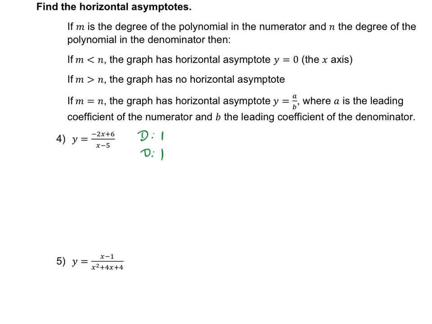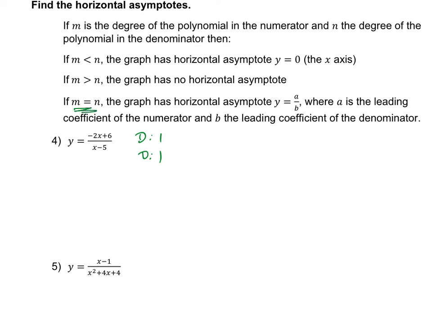When the degrees are the same, it's telling you that the asymptote is the division of the leading coefficients. So in this case, my horizontal asymptote is y equals negative 2 over 1, that is negative 2. Why? Because the leading coefficient on the numerator is negative 2 and the denominator is 1.